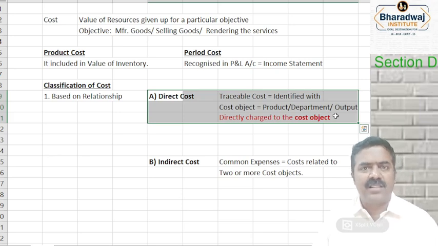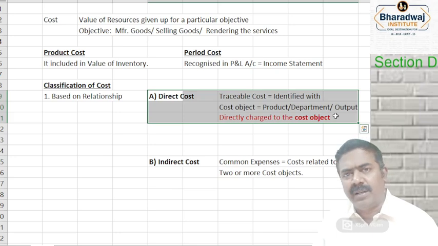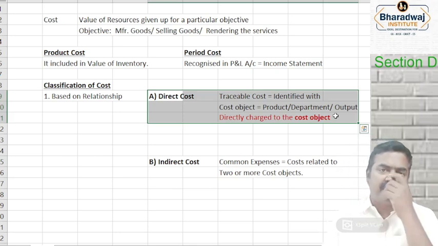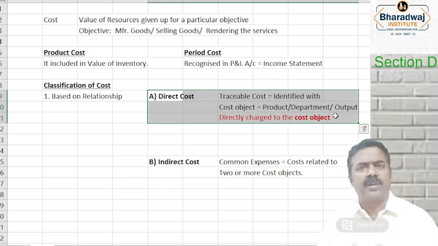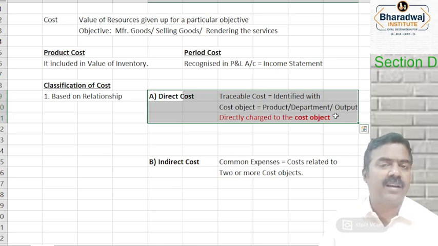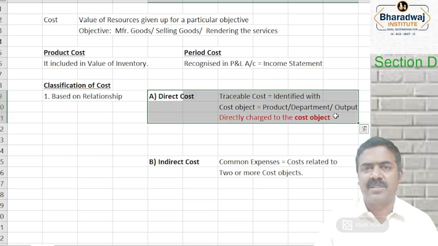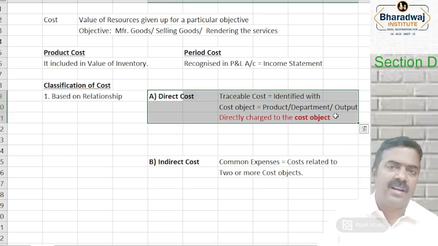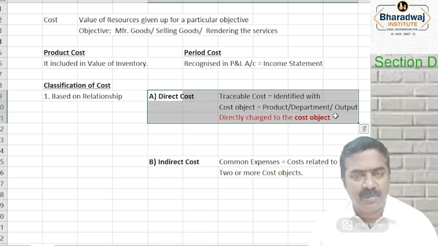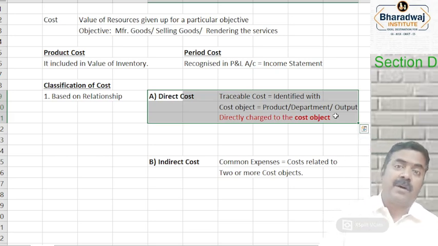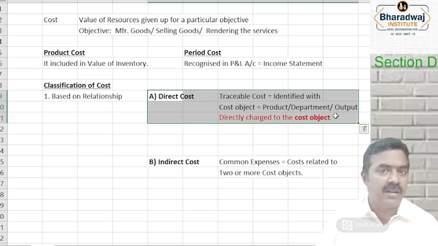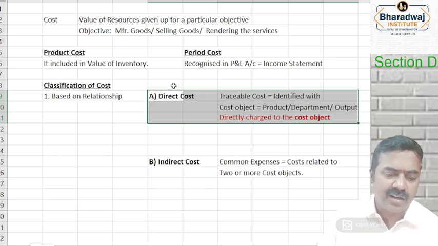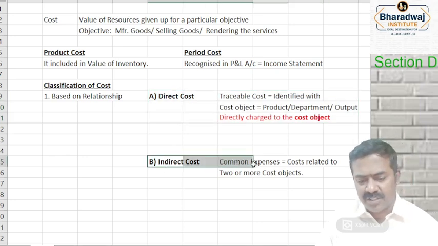If there are any laboratory expenses, colleges maintain separate laboratories for different types of students, and for some students no laboratory is required, like BA economics, history, or commerce. So laboratory cost is directly charged to the concerned department. If there is a departmental activity like departmental culturals, departmental seminars, symposium, workshop expenses, they are called which one? Direct cost, that is directly charged to the cost object.